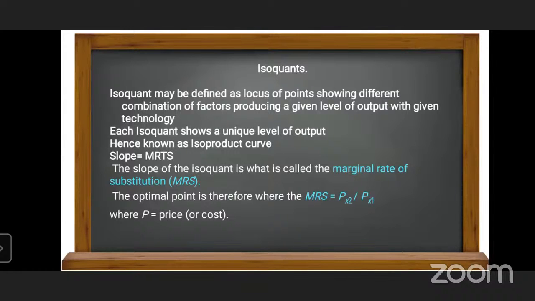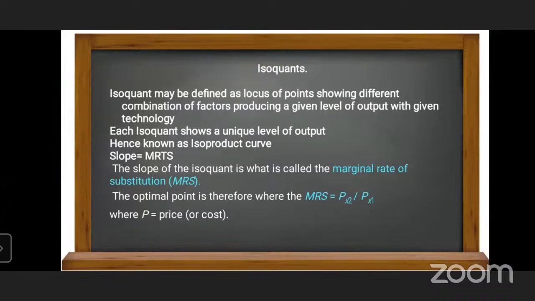And what is the equilibrium point? As yesterday I said, we have to see what is the statement, what are the tools, what is the equilibrium point, and what are the critics. So isoquant usually has no critics because it is a tool, it is not a theory. So the equilibrium point for factor production, where we use the isoquant concept, is marginal rate of technical substitution equal to the inverse price ratio.